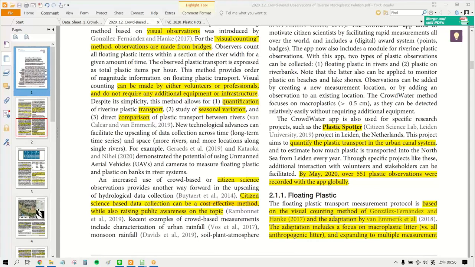It's a citizen science project to quantify the plastic transport in urban canal systems.